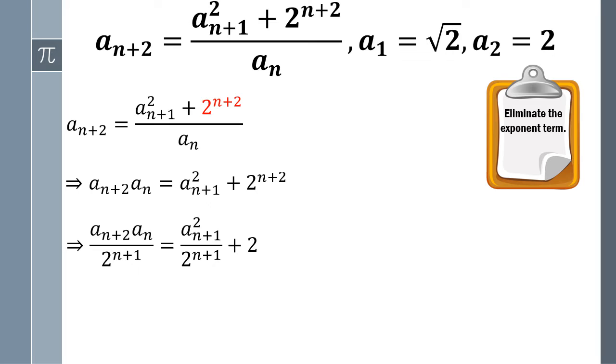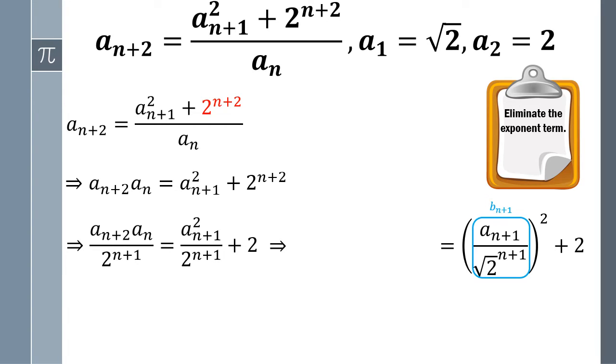a_{n+1} squared over 2 to the power of n+1 can be written as a_{n+1} over the square root of 2 to the power of n+1, then squared. Here, I'm going to define a new number sequence b_n, where b_{n+1} equals a_{n+1} over the square root of 2 to the power of n+1.